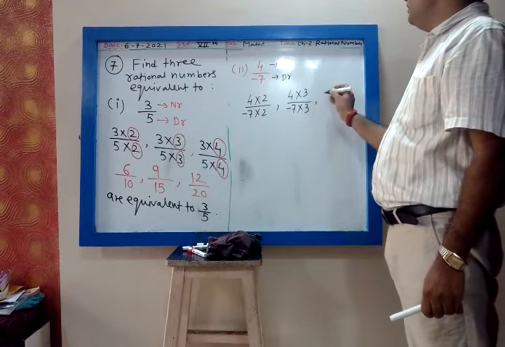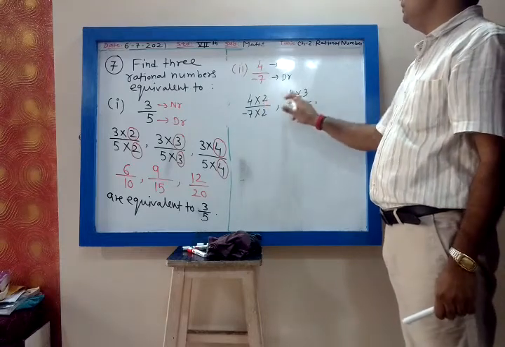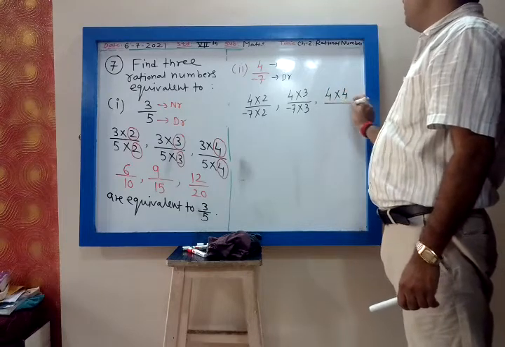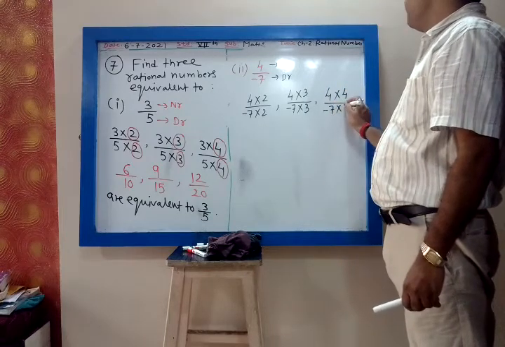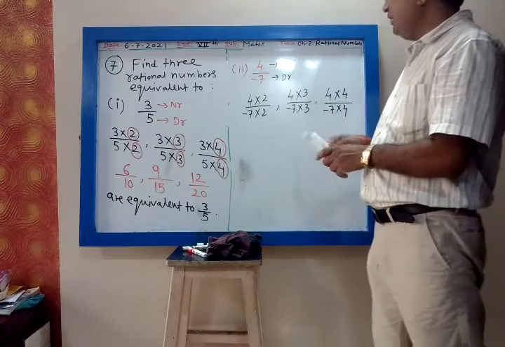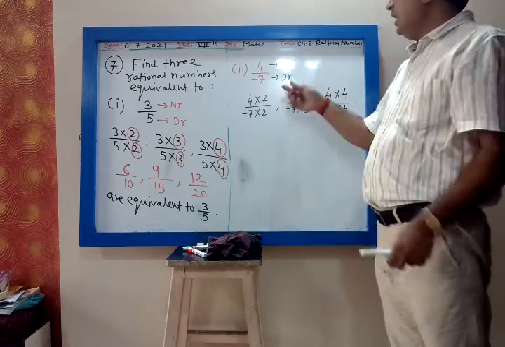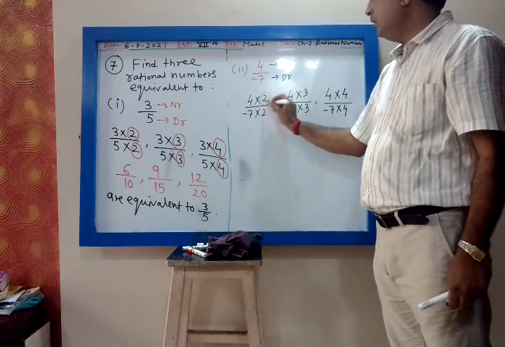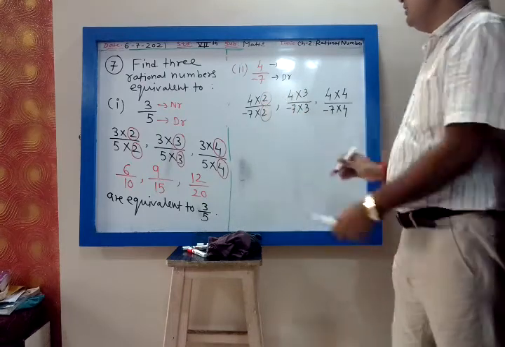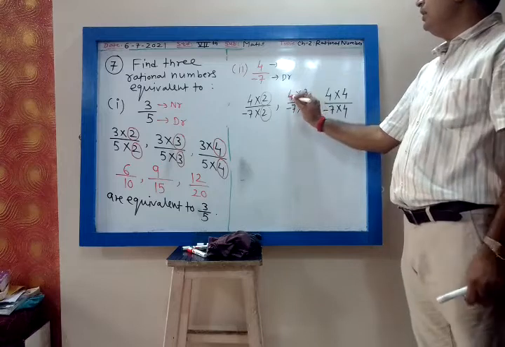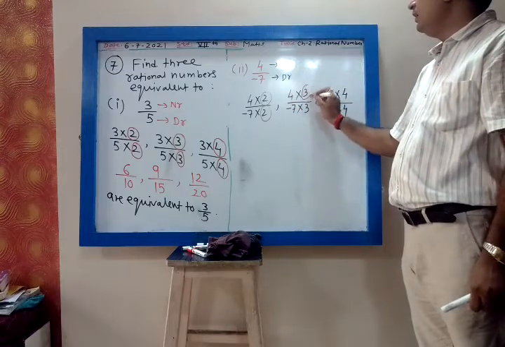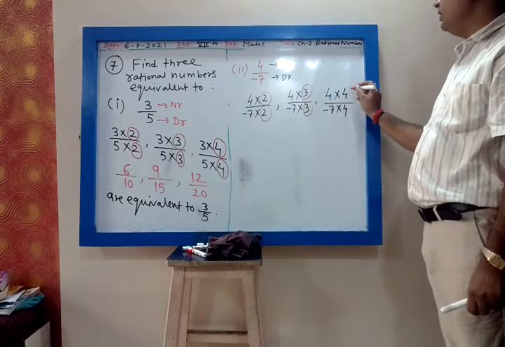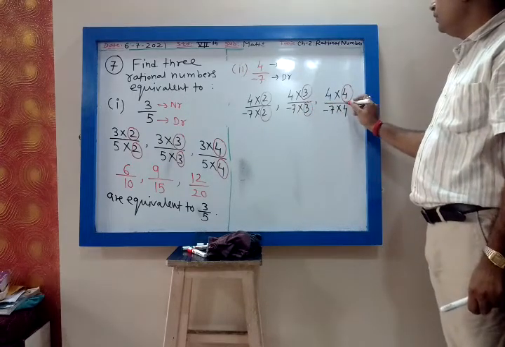Then the third, with 4, 4 into 4 upon minus 7 into 4.